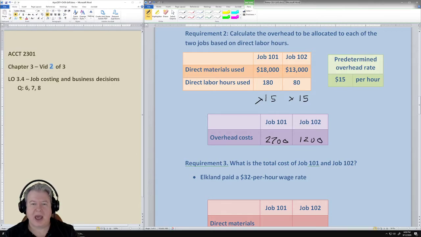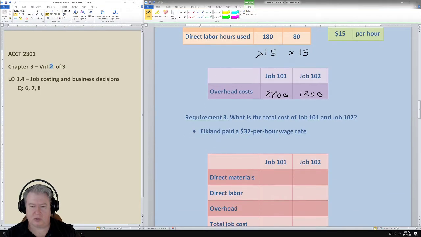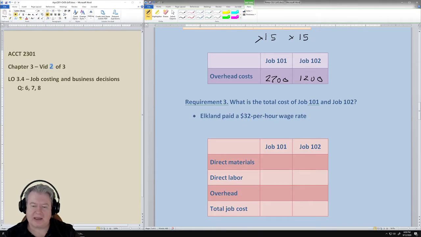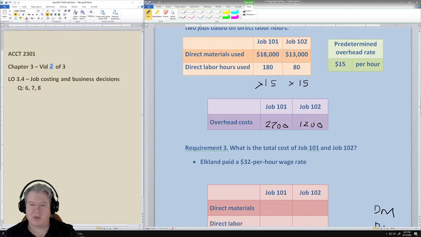Okay, so we have direct materials, we have labor hours. That's not a dollar amount, but we do have overhead costs. So going down here, what is our total job cost? And just remember, this is direct materials plus direct labor plus manufacturing overhead. That's what our total cost is. Well, direct materials is pretty simple.